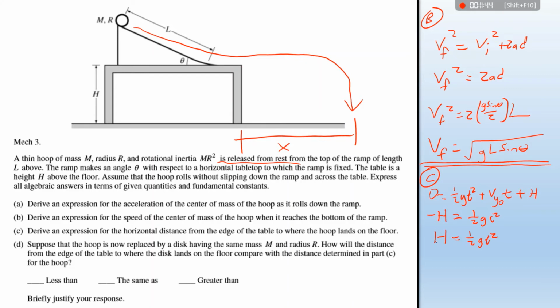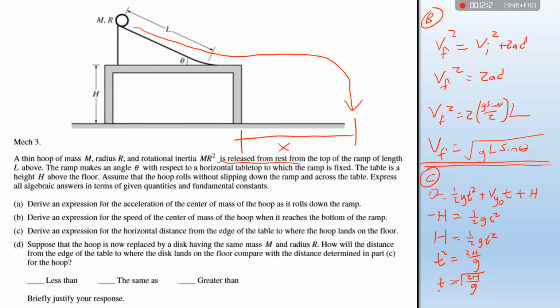So that difference is going to give me h. Okay, so t squared is equal to 2h over g, or t equals root 2h over g. So this is the time when the object will hit the ground.